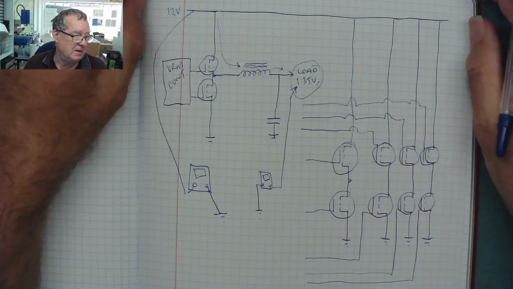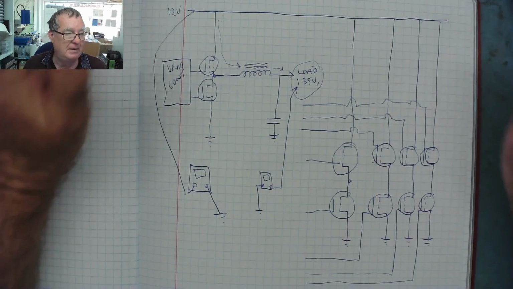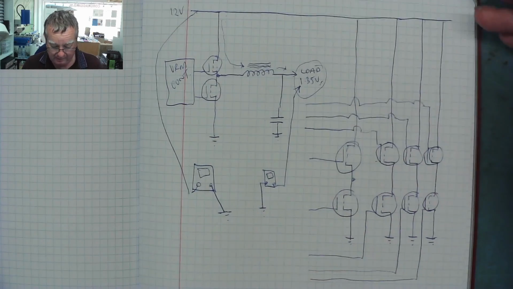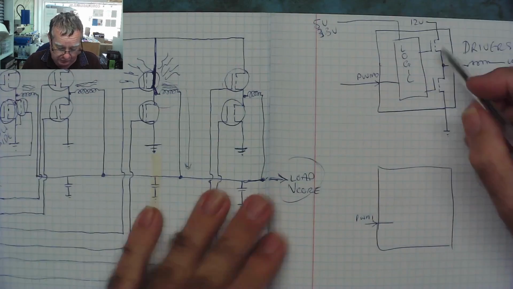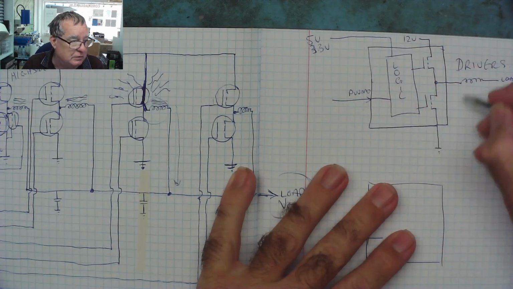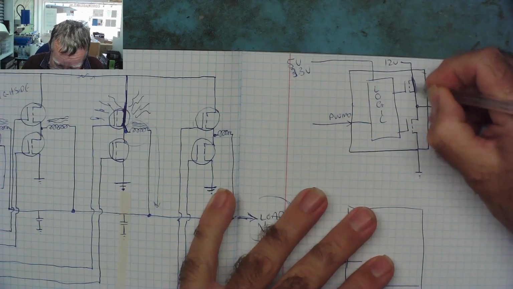And with a single phase VRM, it's very simple to find that shorted MOSFET or driver. In the case of this, it's still the same. It's just that the MOSFETs are no longer separate components. They're inside this driver chip. The short is there.